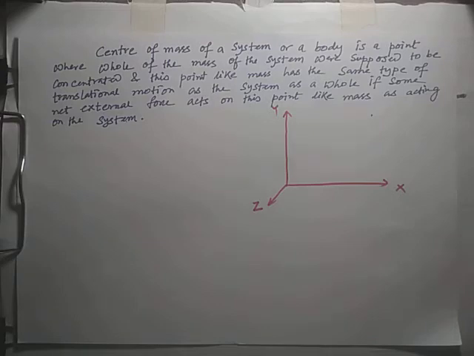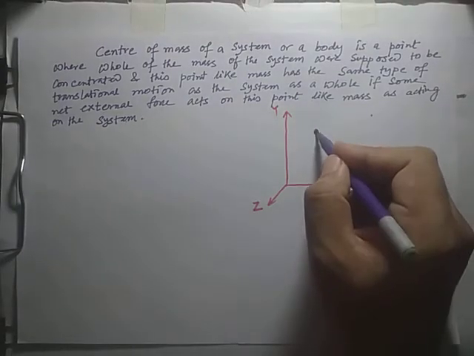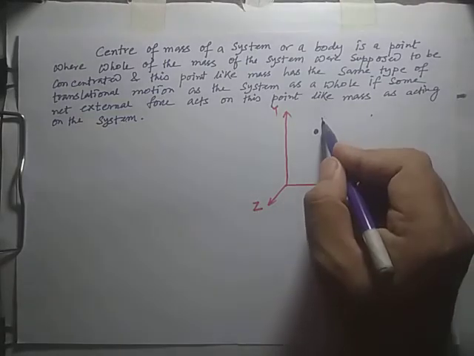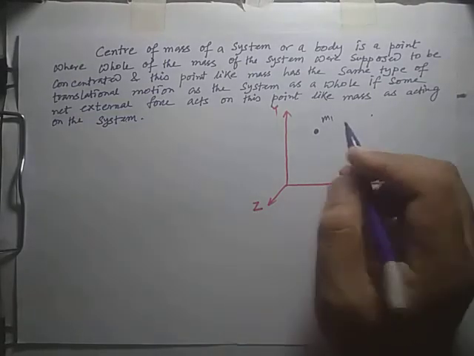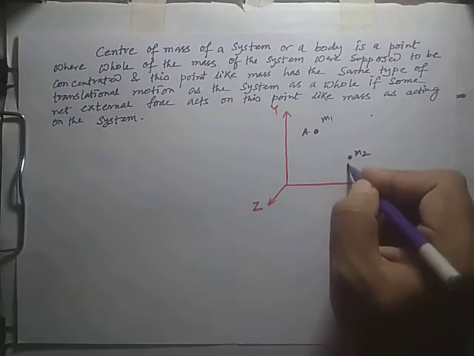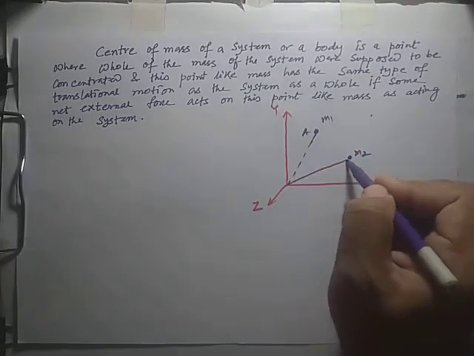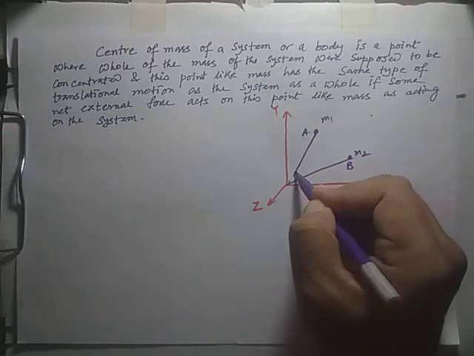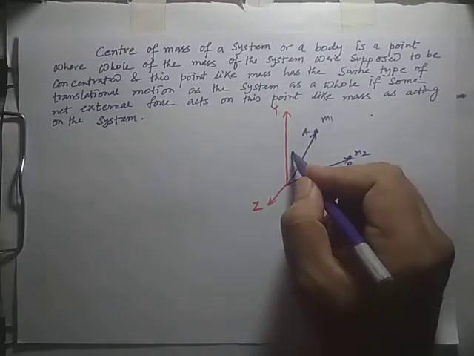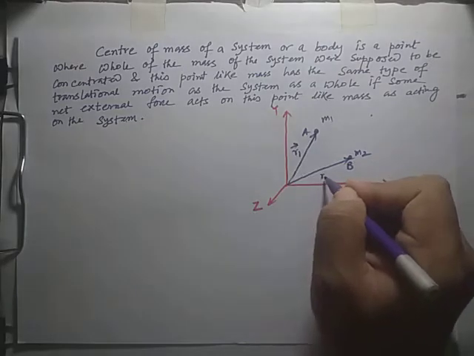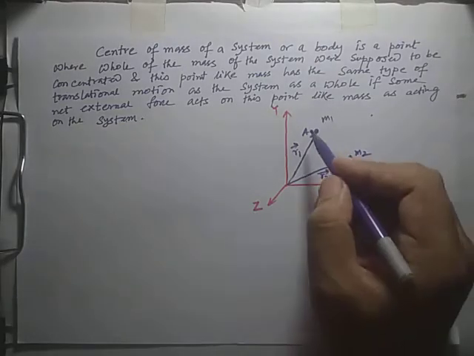Two-particle system means here is one particle, another particle. This is a particle of mass m1, this is a particle of mass m2. You can see position A and position B, and these are the position vectors r1 and r2. You know the meaning of position vector; we studied it in the vector chapter.